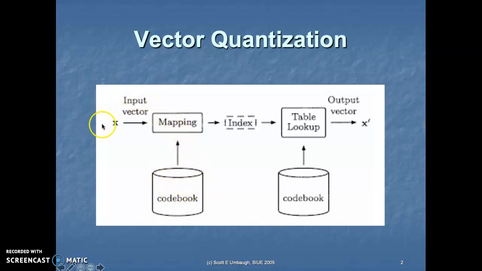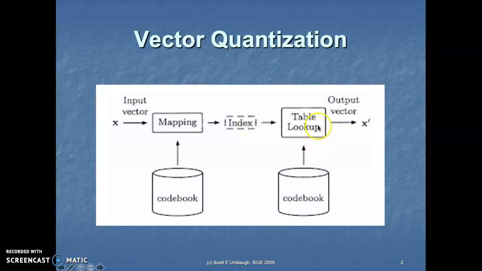Each of the inputs will be analyzed so that you will have their own code word, and the compilation of code words will be in the code book. Once you have the code book, you will have the index and also the code word. This will be mapped as a vector quantization, and it will have its own index.